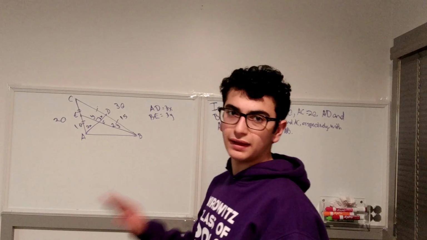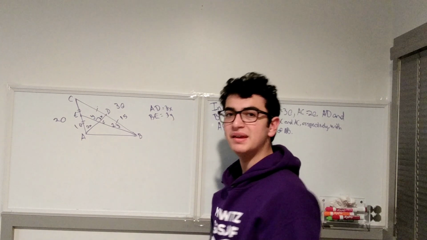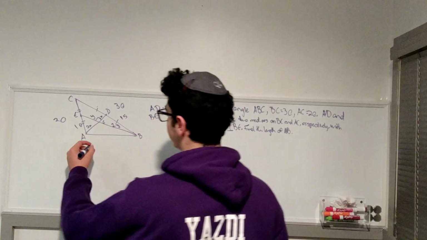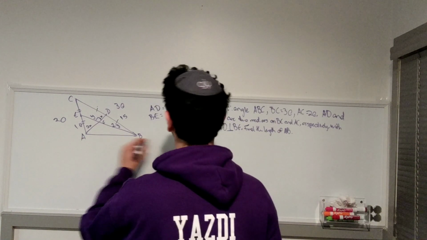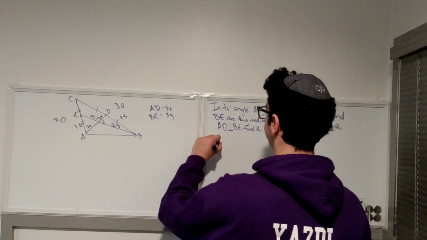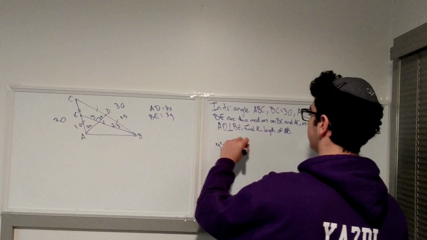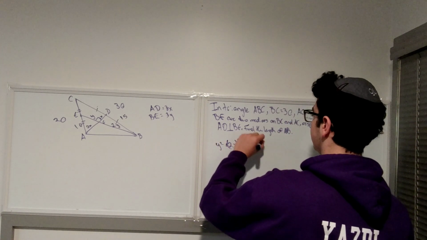So now we can just use the Pythagorean Theorem and get some places with it. I'll write it over here. We have y squared plus 2x quantity squared is equal to 10 squared.